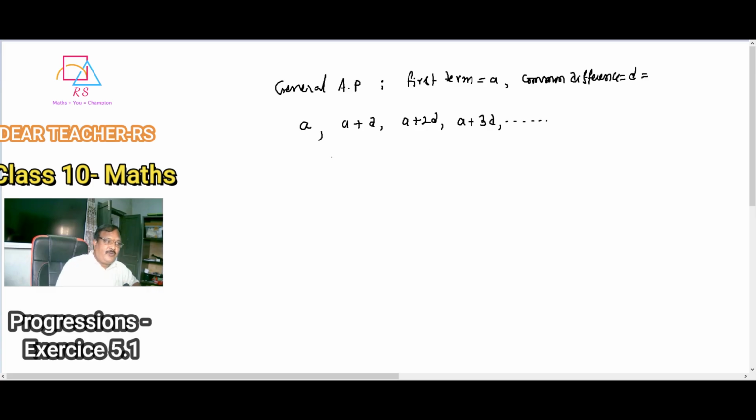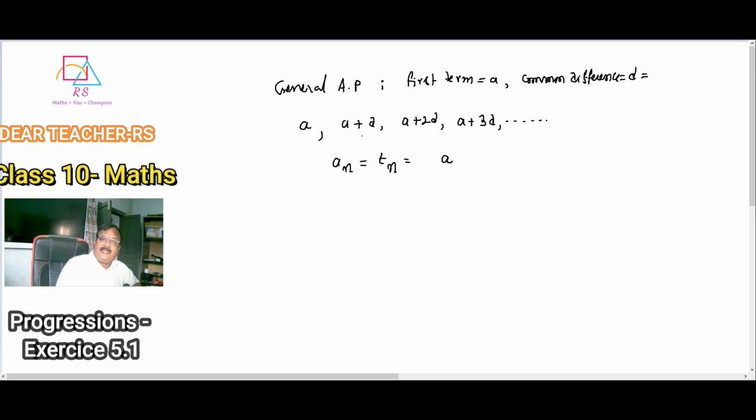Now here there is a formula for the nth term, A n. Some people will say T n, the nth term. The first term is A, the second term is A plus D, the third term is A plus 2D. So in all the terms A is there, and even in the nth term A will be there.